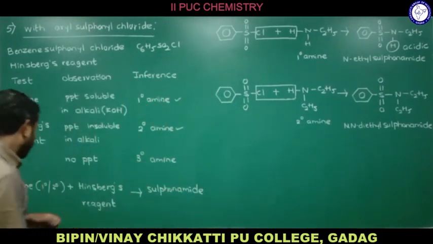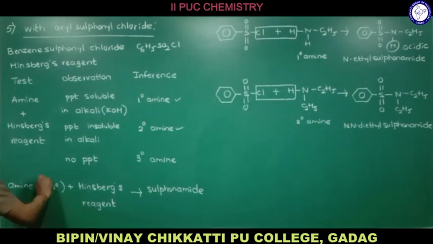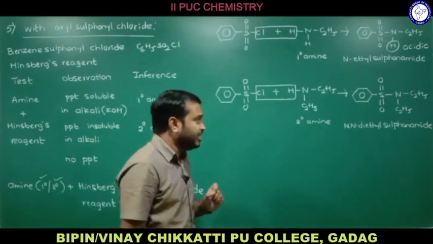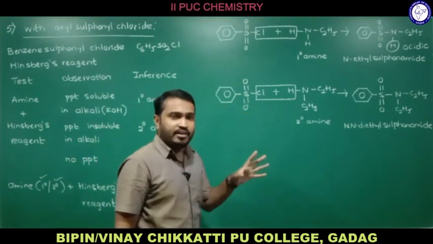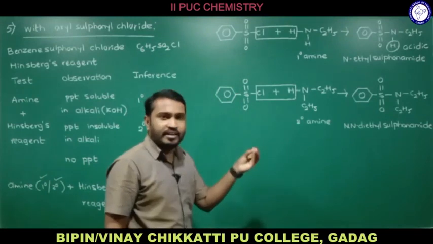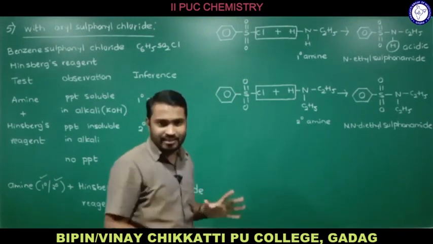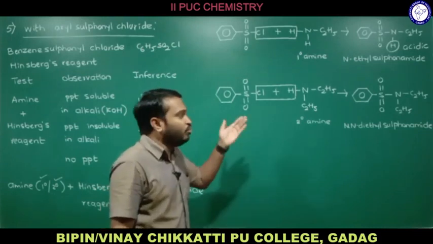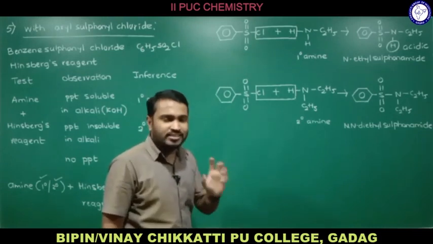As I said, the Hinsberg reagent is going to react with the primary as well as the secondary amine. When it reacts with a secondary amine, we will get a dialkyl sulfonamide in general. Now this is a precipitate, but if you take this precipitate and go on adding alkali, this precipitate remains as it is; it won't dissolve in alkali. What is the reason behind that?